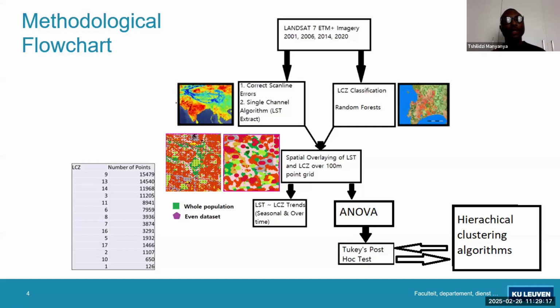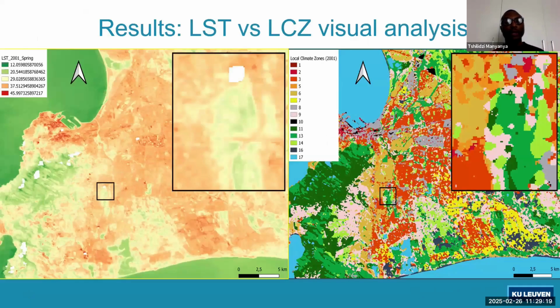I'm just going to jump into the results immediately. From the land surface temperatures versus local climate zones, if you compare the two, there are some things that we can immediately see.